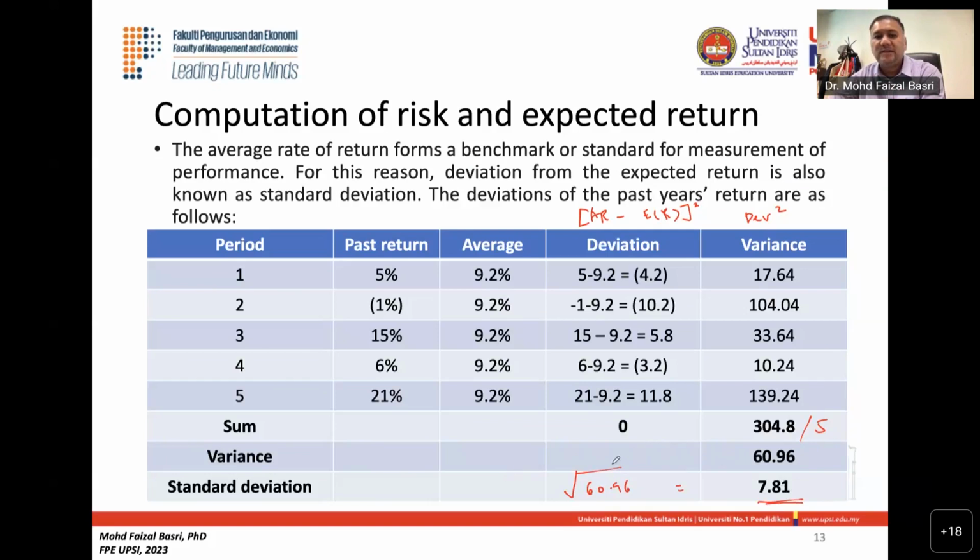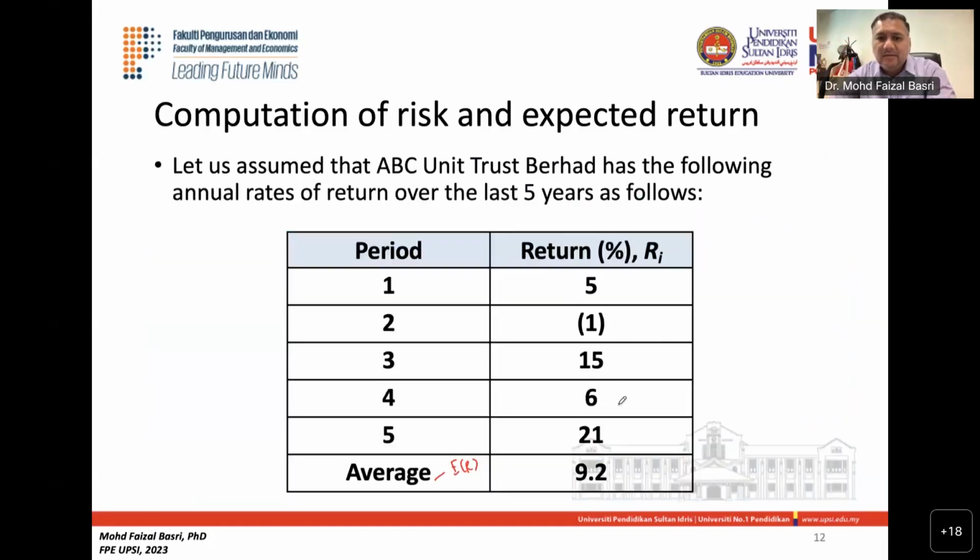That's how we measure standard deviation. Right, so if we have just one return, obviously, we cannot say whether it is really high or not. But based on the figures that we have here, we can say this is considered a high risk kind of investment.